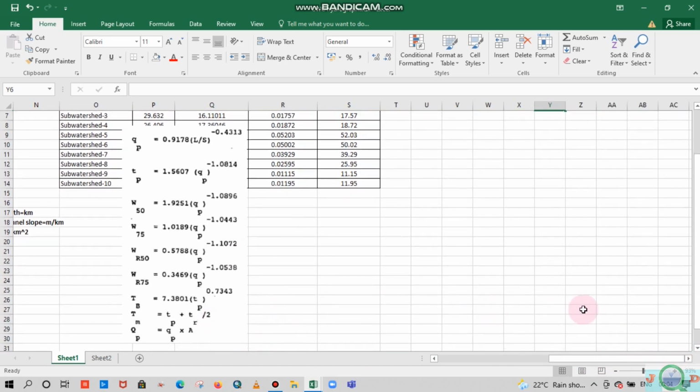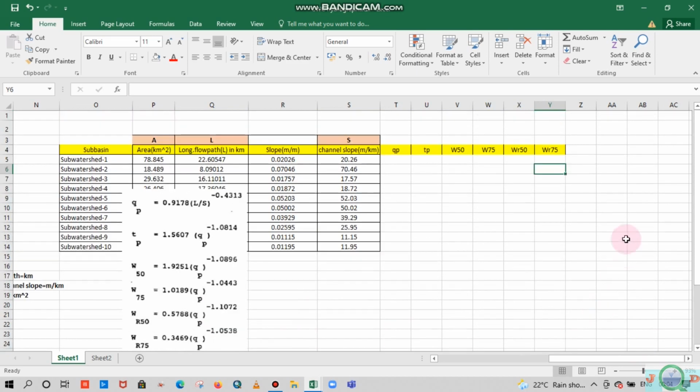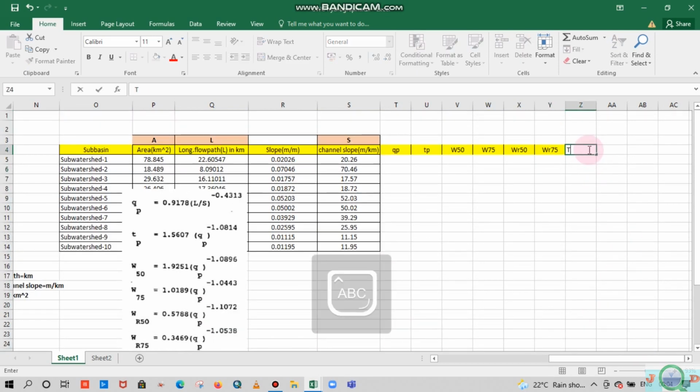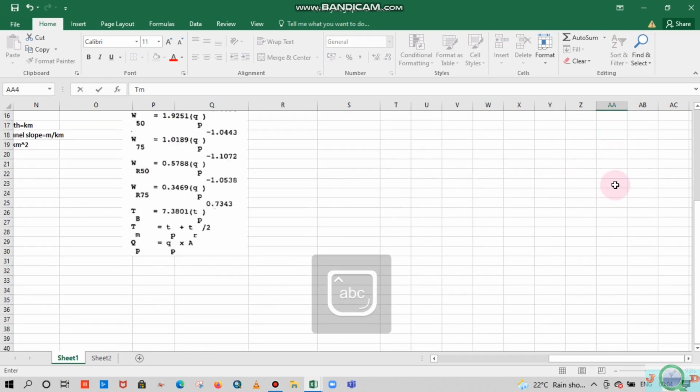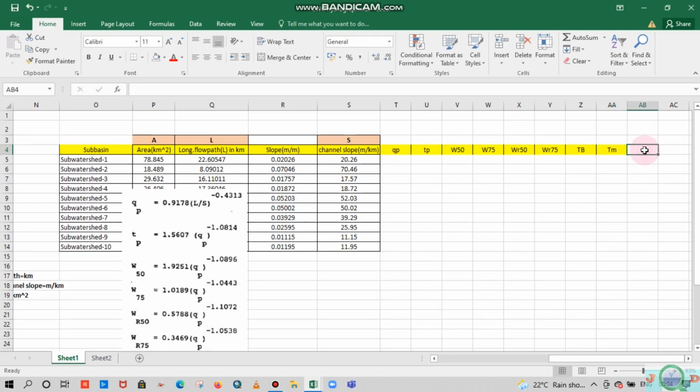TB, Tm, and Qp. So these are the unit hydrograph parameters we need to find.